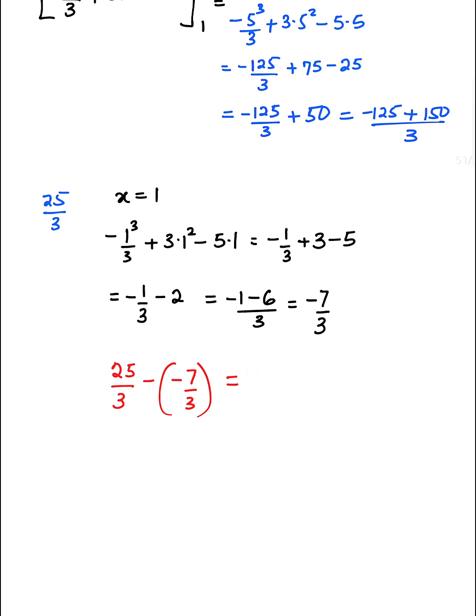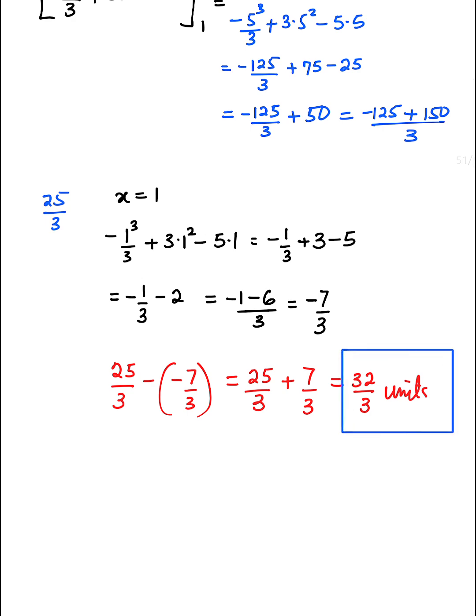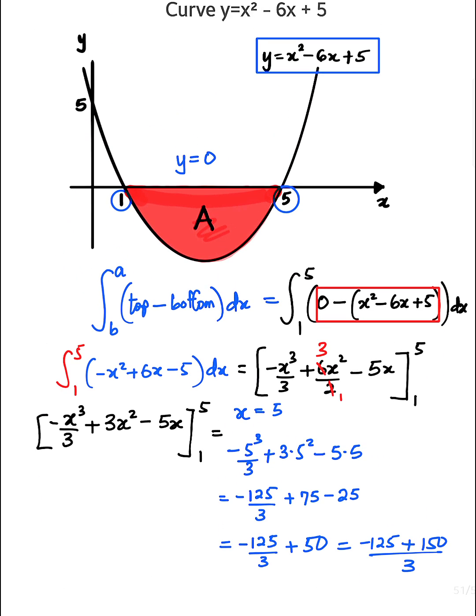Okay, which gives us 25 over 3, then plus 7 over 3, which gives us 25 plus 7, that should give us 32 over 3. All right, so this is the final answer, and this is the area A here.